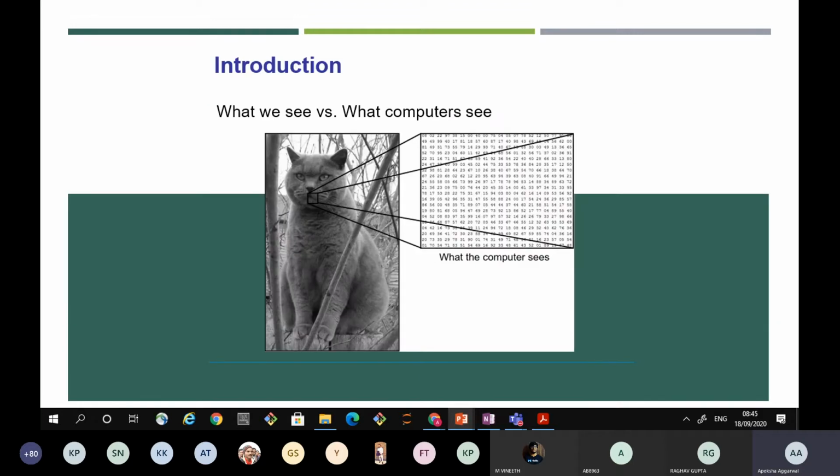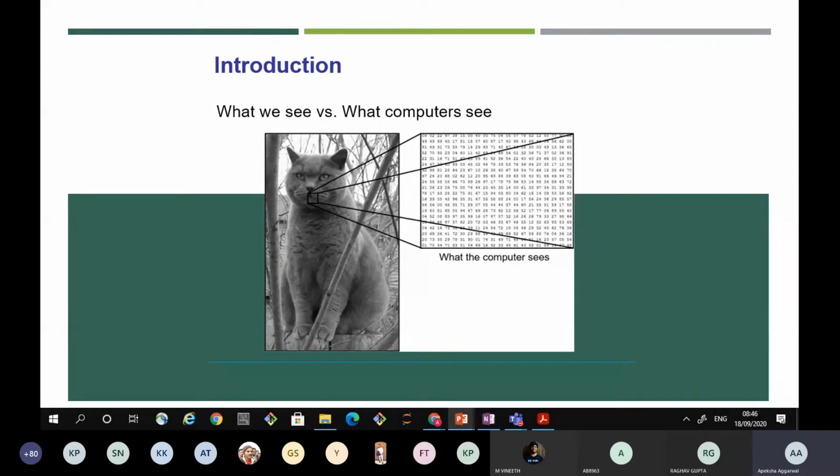Okay. So we know that each and every image is represented in the computer using a set of pixels. Suppose I have a set of cats and dogs in front of me, so I'll easily identify, okay, this one is a cat and this one is a dog.